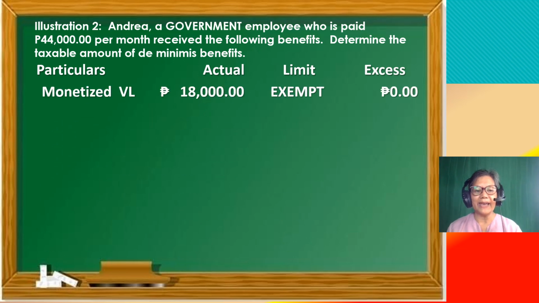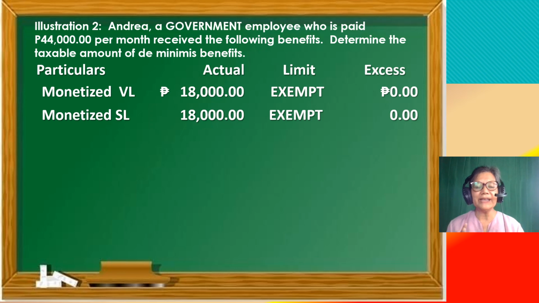Then the first item is monetized vacation leave. Actual is 18,000 as computed earlier. Then, under the column limit, just write exempt because there is no limitation as far as monetization is concerned if you are a government employee. So, regardless of the amount received in the monetization, there is no excess.